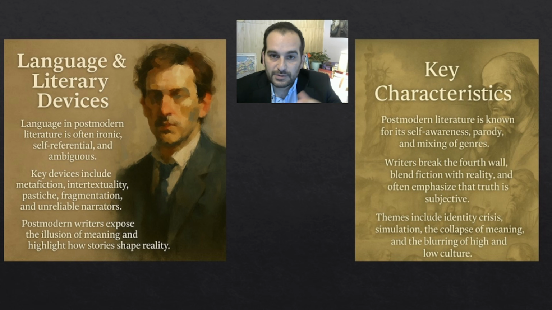Here in the postmodern period, we see not only new forms, but also the mixing of different genres. So writers break the fourth wall, blend fiction with reality, and often emphasize that truth is subjective and not objective.